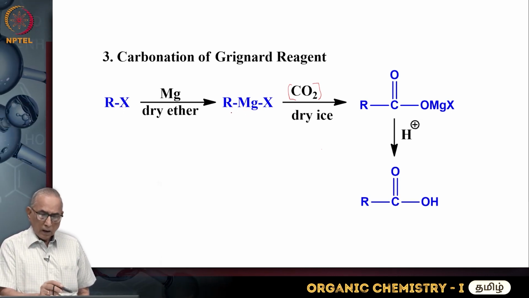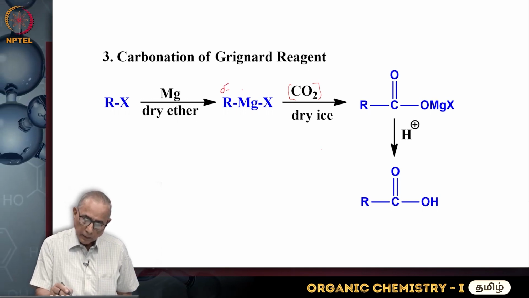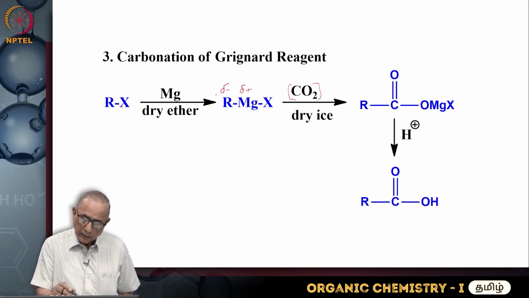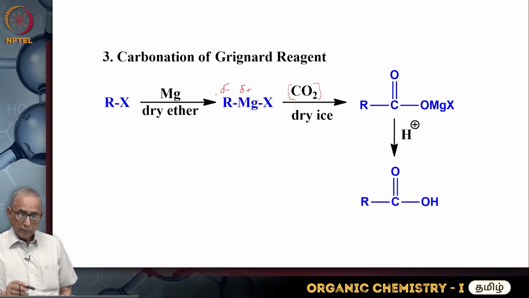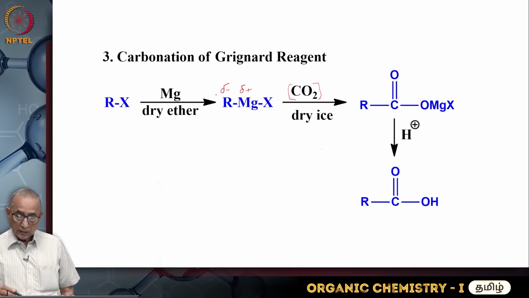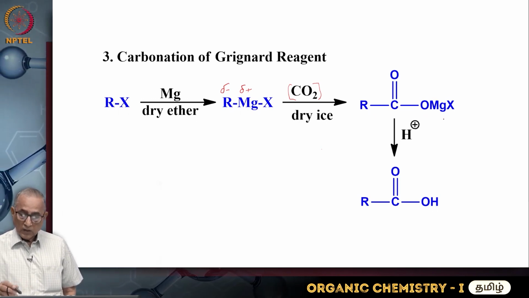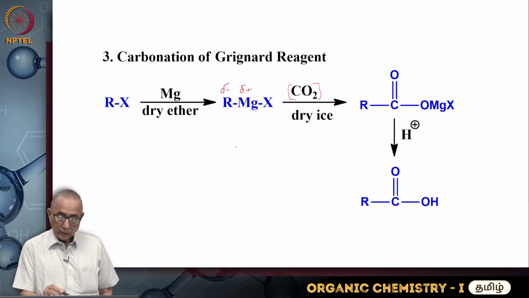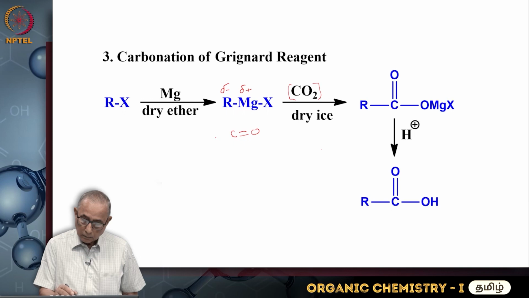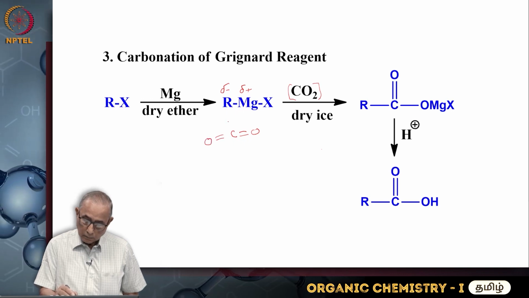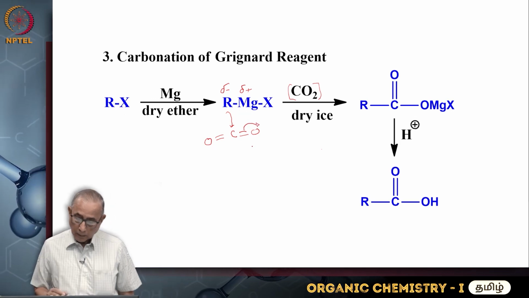When you react, the R is polarized. It is nucleophilic. You add to carbon dioxide, it will add to the C double bond O of the carbon dioxide. You form RCOOMgX.